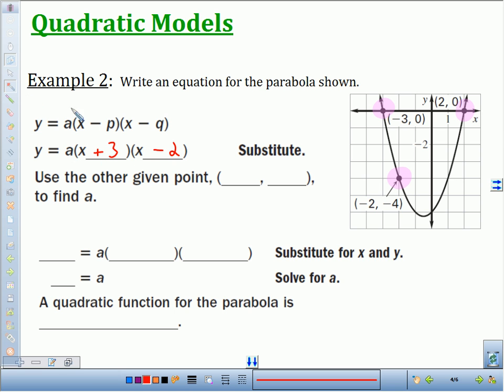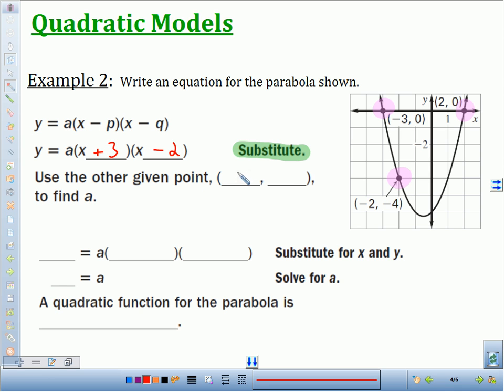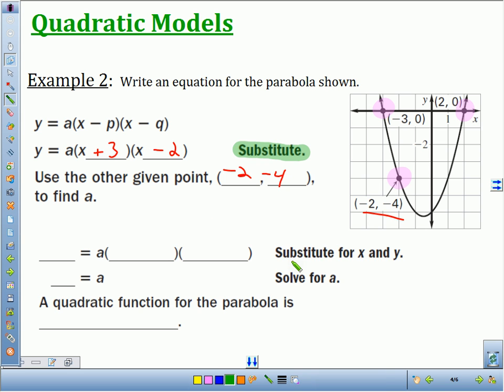So again, I have substituted in p and q for my x-intercepts. Now, I've substituted in my other given point, which is (-2, -4). We want to find a by first substituting in for x and y.